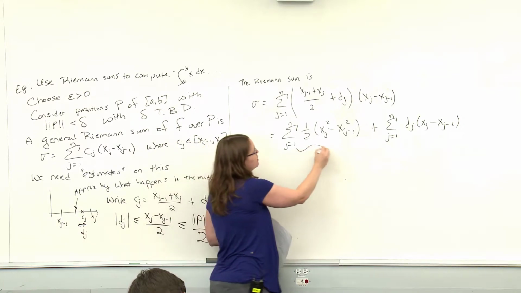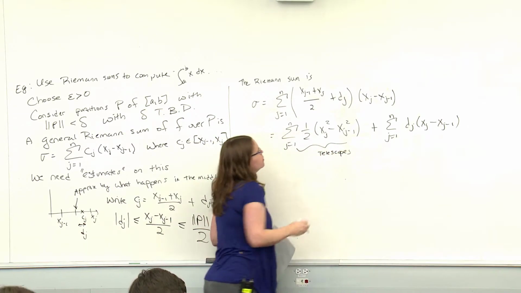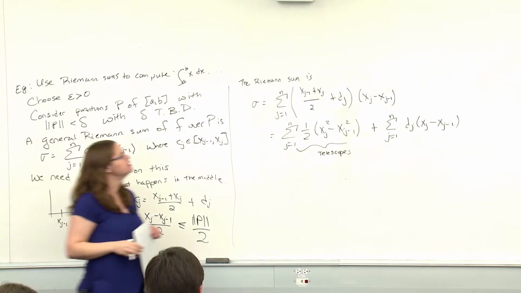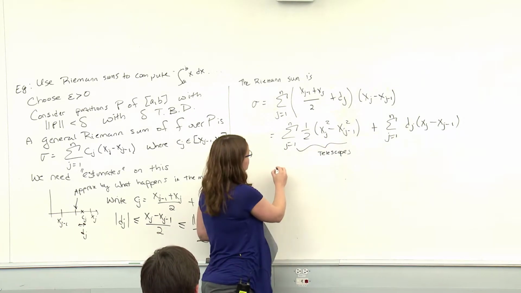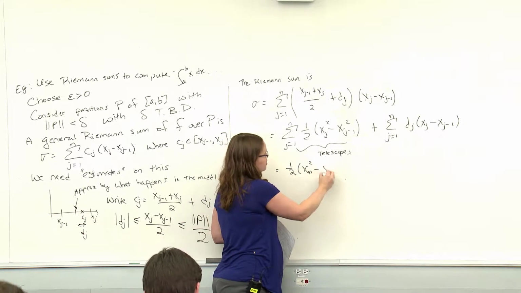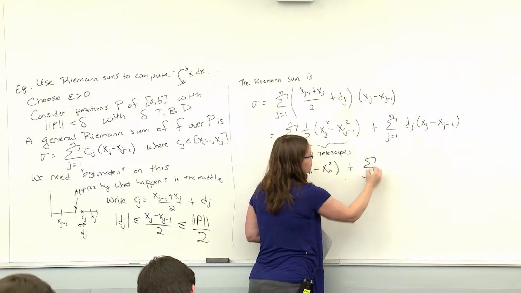So this guy telescopes, which means if we want to sum them up, all I need is the biggest of these and smallest of these. So this is going to be half xn squared minus x naught squared. And then I still have this term.